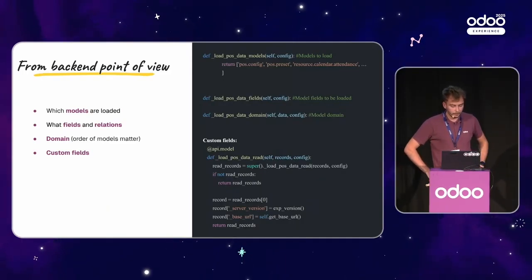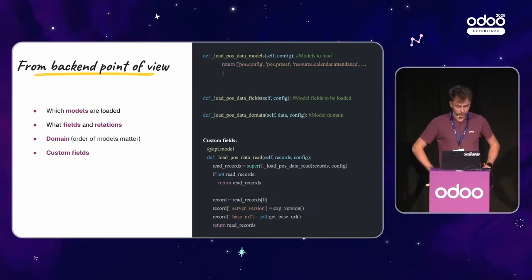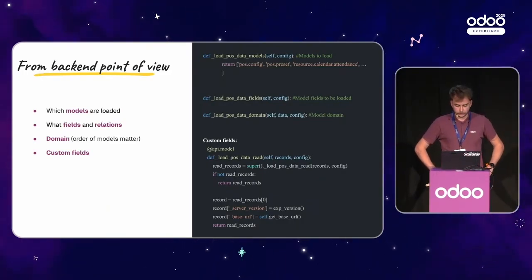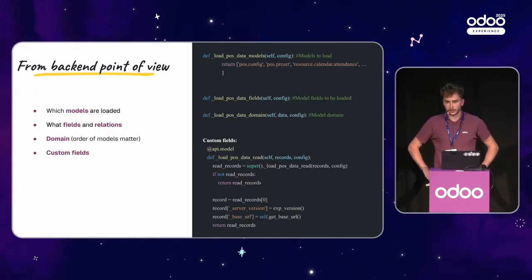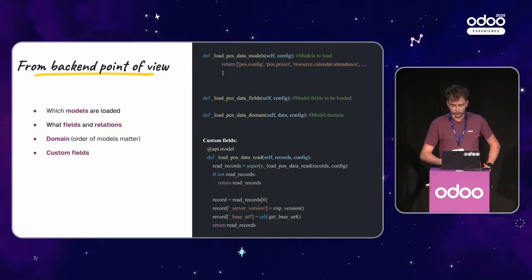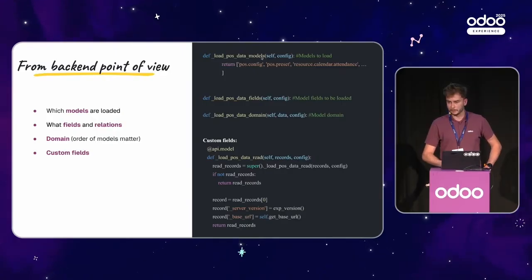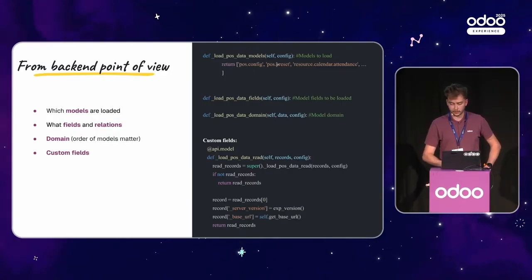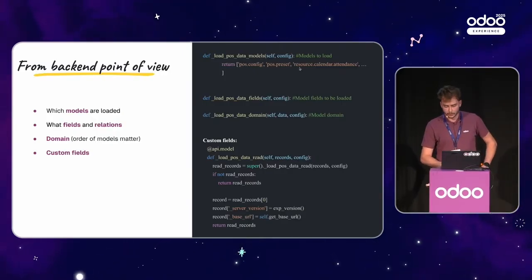From a backend point of view, to know which models are loaded in the POS, we have the method load_pos_data_models, which returns simply the names of the models.